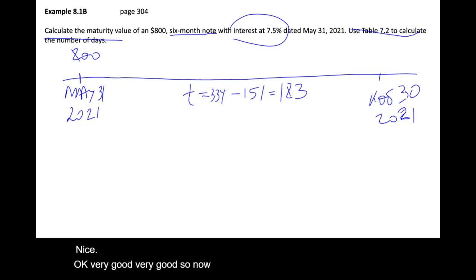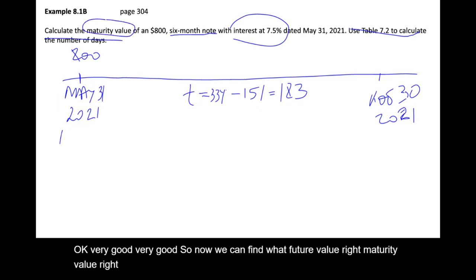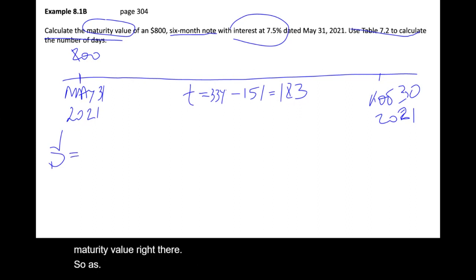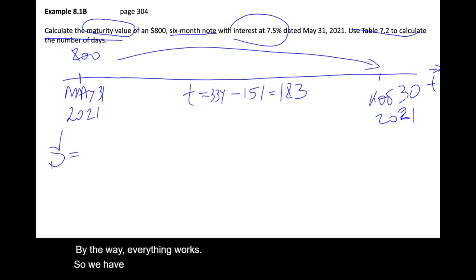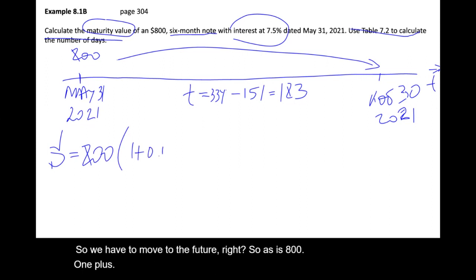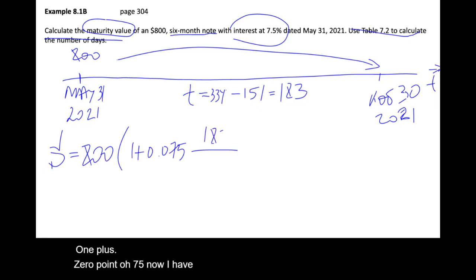So now we can find what? Future value, right? Maturity value right there. So S is, and by the way, everything works. We have to move to the future, right? So S is 800, 1 plus 0.075. Now I have the number of days.